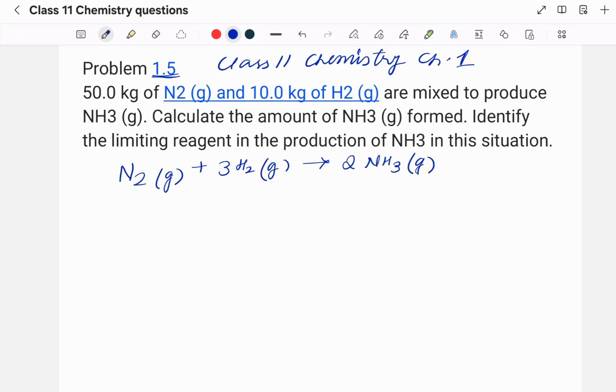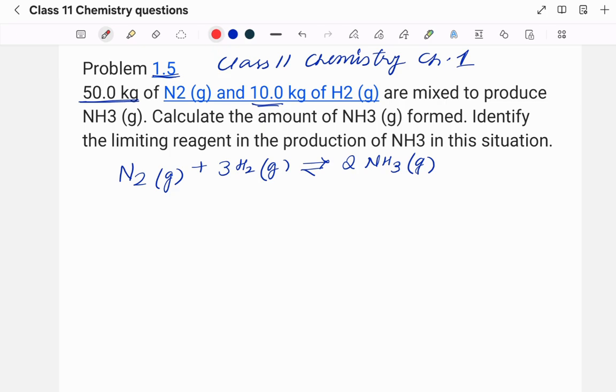From here we know that 1 mole of nitrogen combines with 3 moles of hydrogen and forms 2 moles of ammonia. One thing you should remember, this is a reversible reaction. So what we are going to do is convert these masses into number of moles.